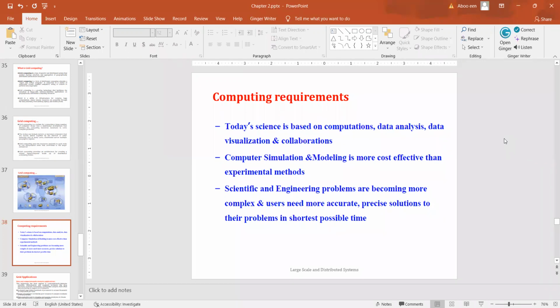Computer simulation and modeling is more cost effective than experimental methods.